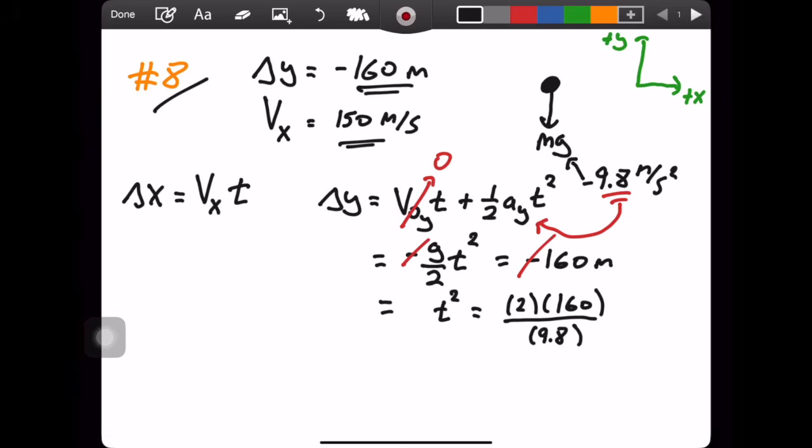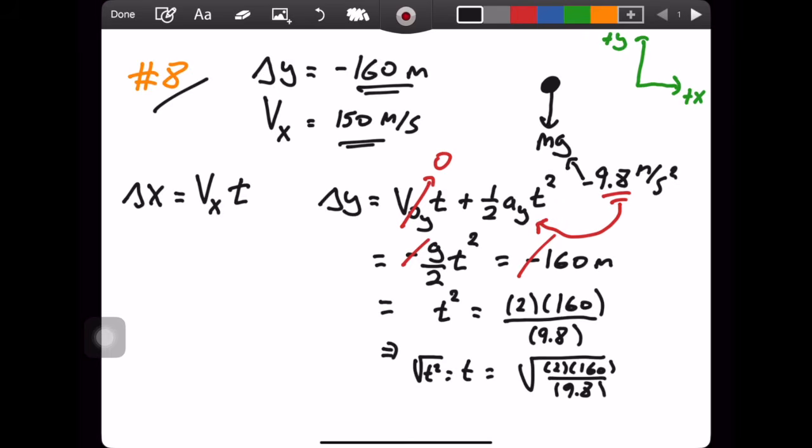So now I want to solve for t, and that means I just need to take the square root of both sides. The square root of t squared is t, and that equals the square root of 2 times 160 divided by 9.8.